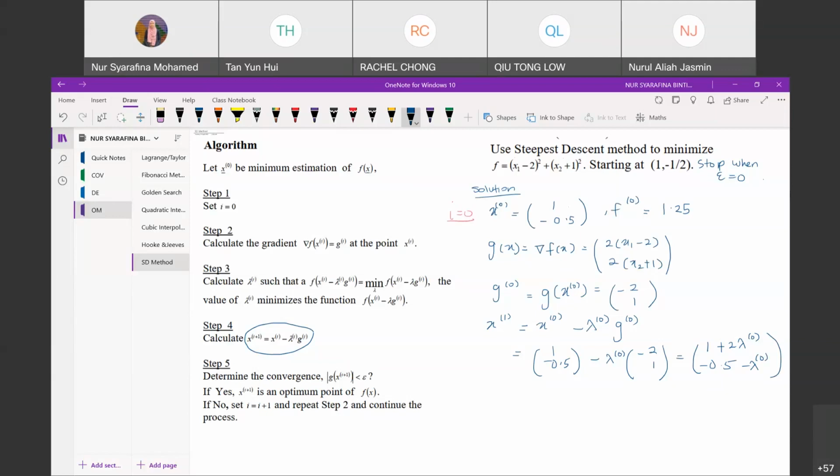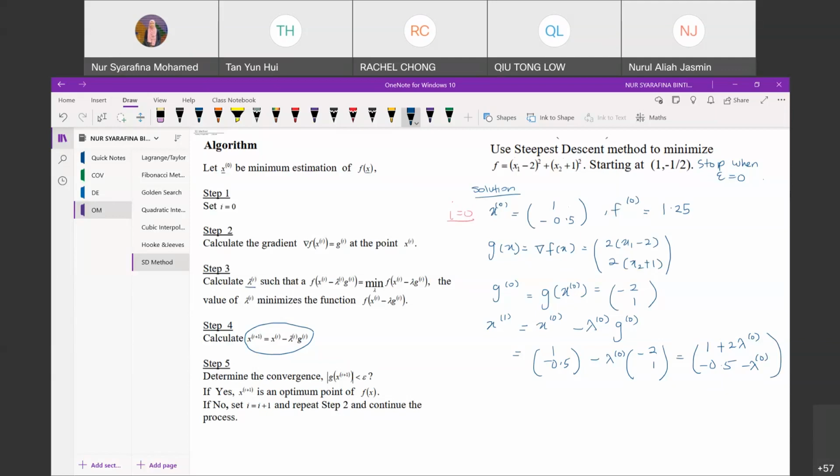Calculate lambda naught, lambda i, such that f(xi minus lambda i gi) equals the minimum of f(xi minus lambda gi), which means the derivative of this equals 0, and that value of lambda minimizes the function.